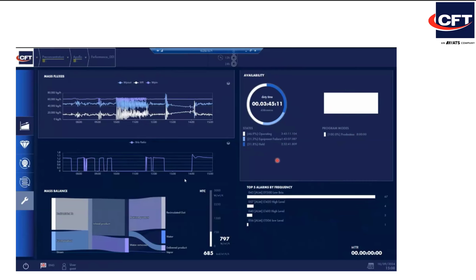The nice and interesting thing, again, from the Digital Tomato is correlation of the data, correlating the availability of the line with the most common alarms. And in this case, we see that the most common alarm in the Pareto list was the low bricks alarm.